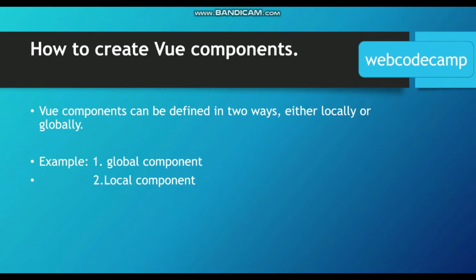So how do you create Vue components? Vue components can be defined in two ways, either locally or globally, like a global component and a local component. Now I'm going to describe components again simply.